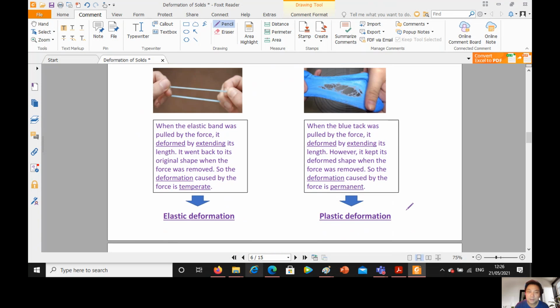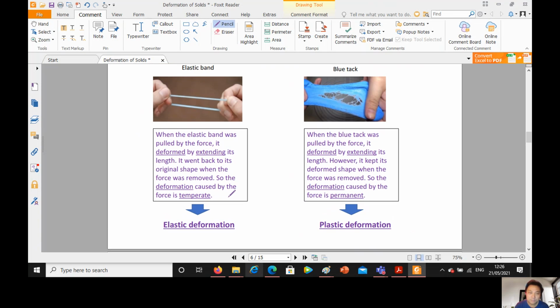Now I'll give you the definitions. If the deformation disappears after removing the force, I mean the object goes back to its original shape, then the deformation is called elastic deformation, as in the case of the elastic band.